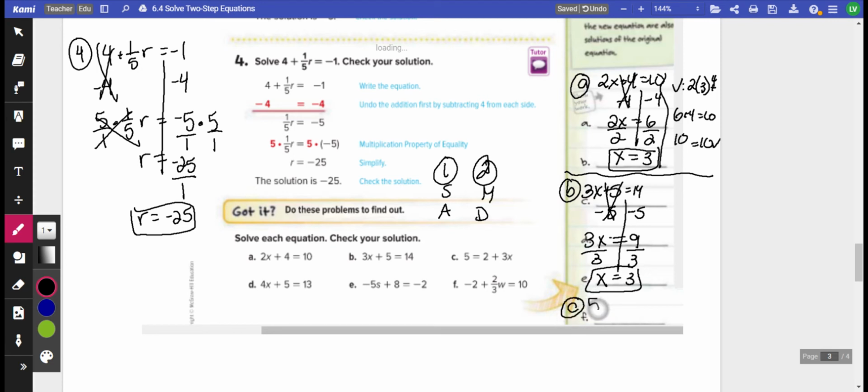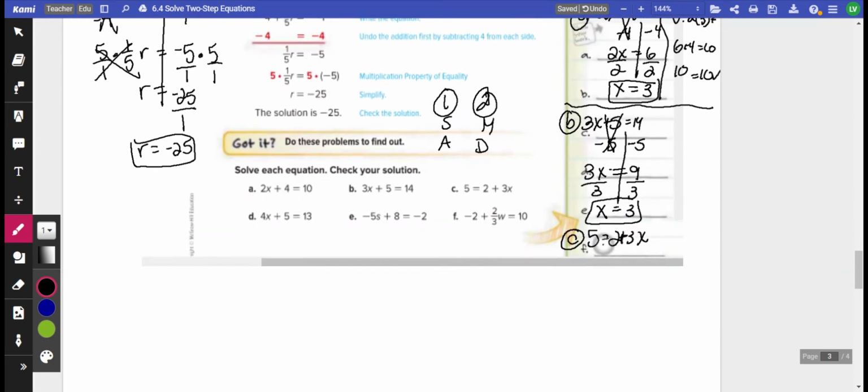Letter C, 5 equals 2 plus 3x. Extending my equal sign, I'm going to subtract 2 from both sides. 3 equals 3x. Divide both sides by 3.